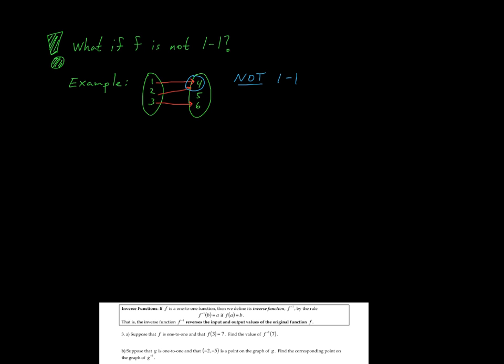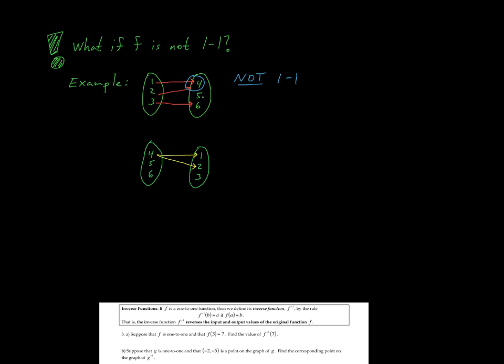Okay, so now what's going to happen if I just try to reverse the roles of input and output? Well, let's see. If I reverse the roles here, then 4 would want to go back to 1 and to 2. So we would have that.